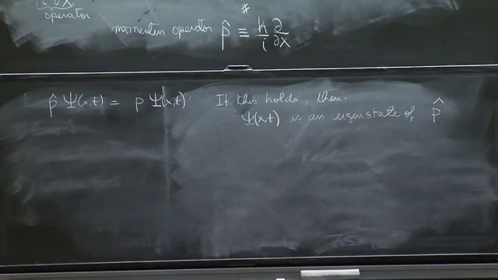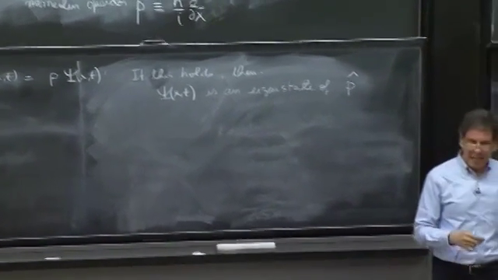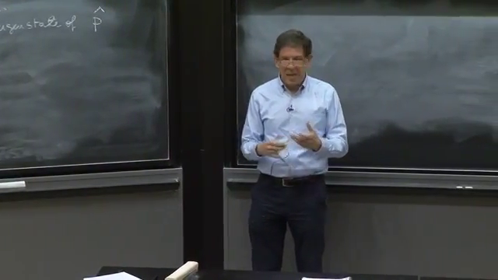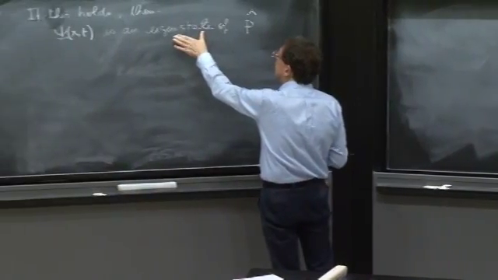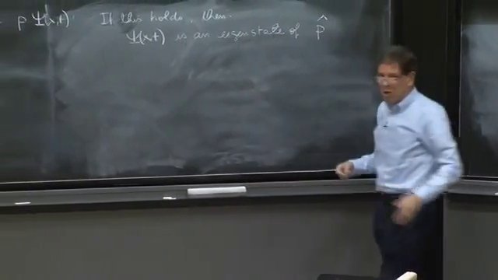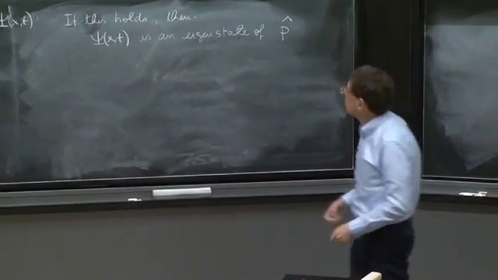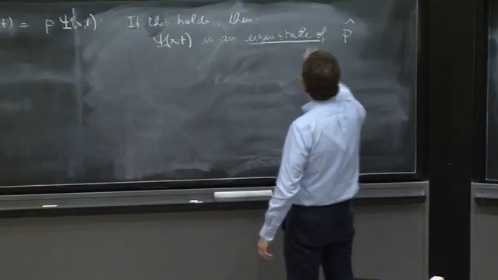And that language comes from matrix algebra, linear algebra, in which you have a matrix and a vector. And when the matrix on a vector gives you a number times the same vector, we say that that vector is an eigenvector of the matrix. Here we call it an eigenstate. Probably nobody would complain if you called it an eigenvector, but eigenstate would be more appropriate. So it's an eigenstate of P.